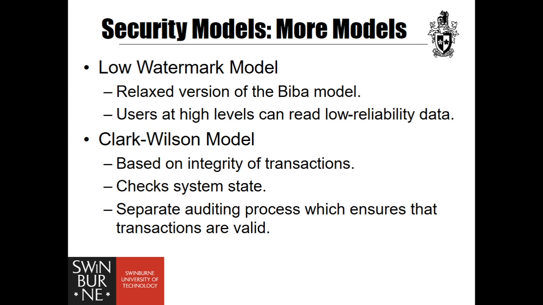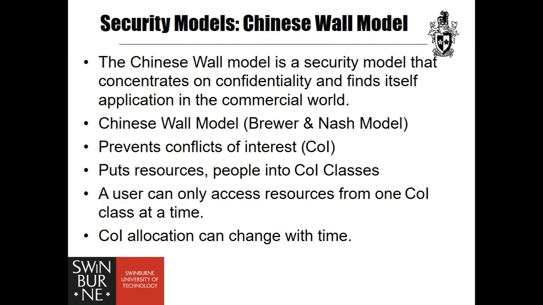There are many security models such as the low watermark model, Clark-Wilson model, and Chinese wall model. Now we describe further the Chinese wall model. It's a security model that concentrates on confidentiality and finds application in the commercial world.